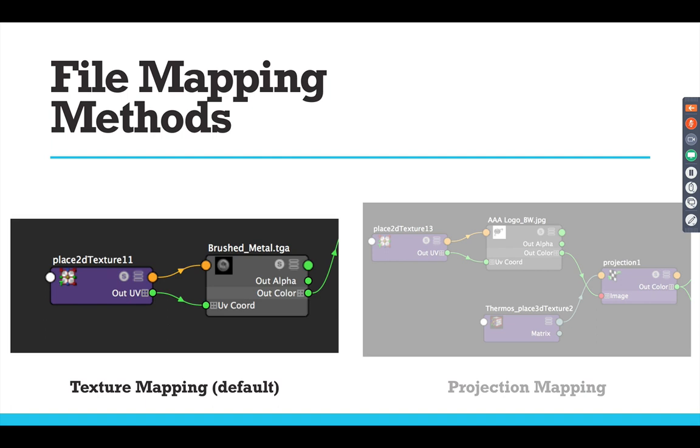All right, now, file mapping methods, how we get these maps onto our geometry. Today we're going to deal with the default, what we call texture mapping. Texture mapping is done by using the UVs on the surface. Two-directional control, which is what? What two directions?